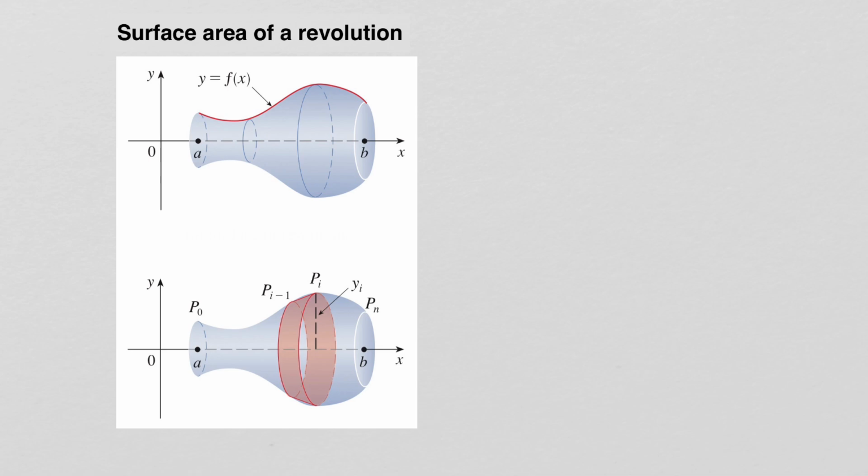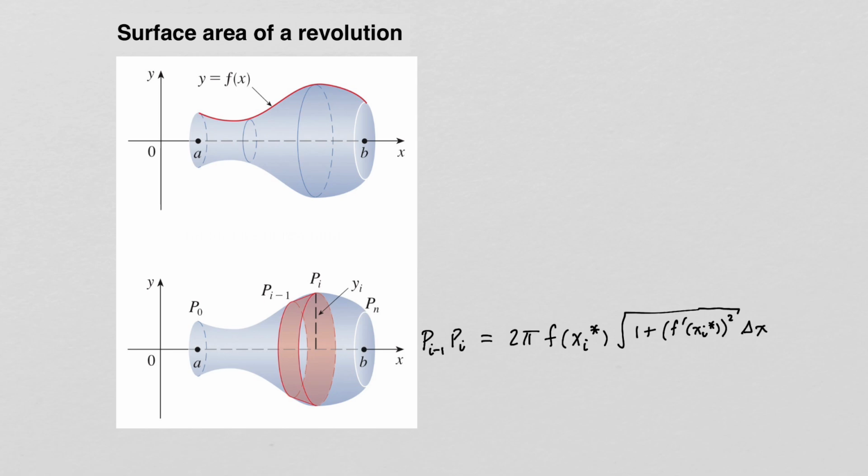Well, of course, what we do is we take our interval from A to B and we divide it up into subintervals. And when we do that, we can approximate the lateral surface area of this band by using some geometry to come up with a formula for the surface area of this shape.